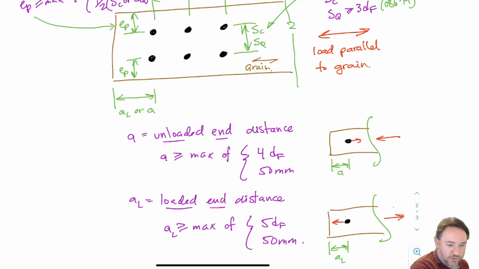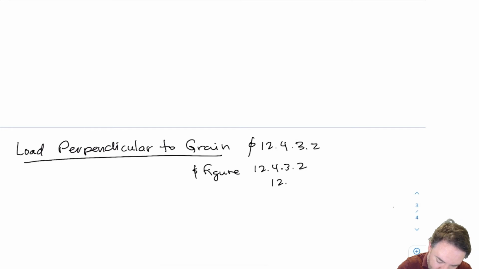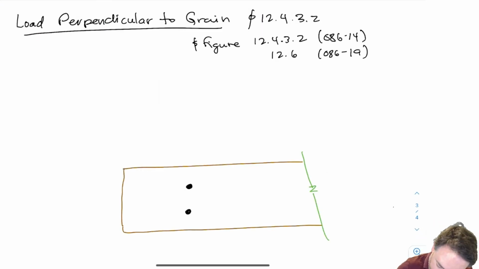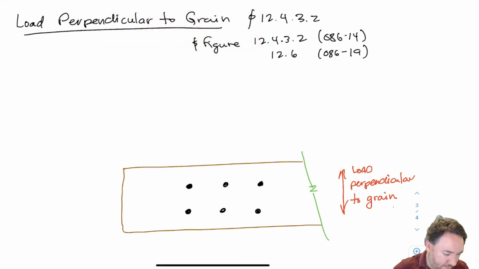So then what about if the load is perpendicular to grain? Okay, so in this case, the load is perpendicular to grain, so the bolts are going to be trying to move up and down.